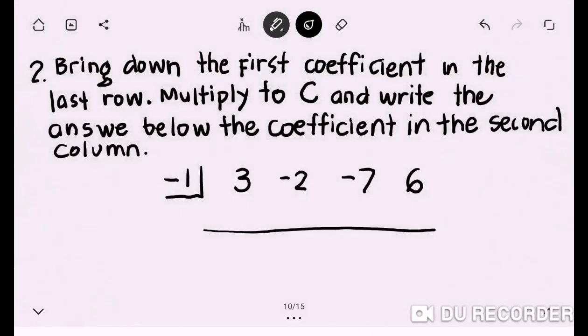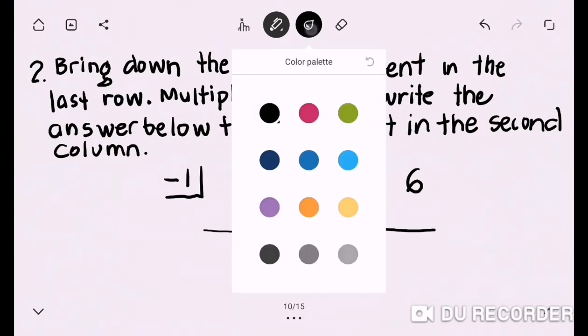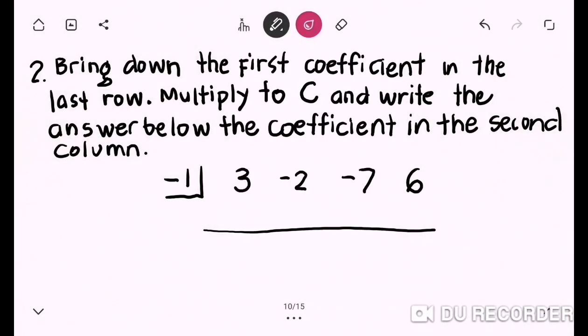Okay. Para sa ating next step, bring down the first coefficient in the last row, multiply to c, and write the answer below the coefficient in the second column. So, isa-isayin natin. Bring down the coefficient in the last row. So, ang ating first coefficient is positive 3.